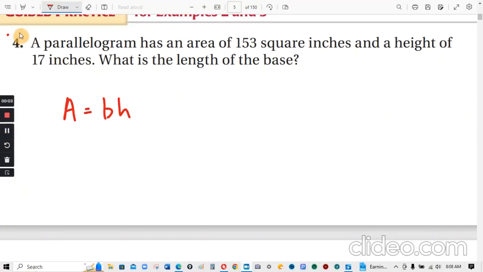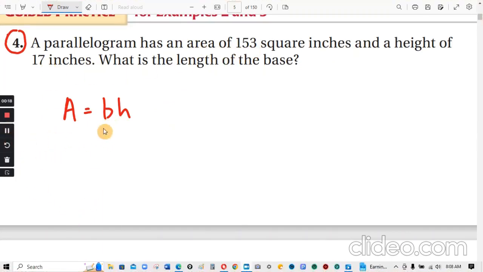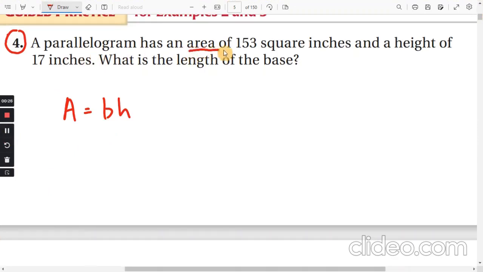Okay, please pause and try guided practice number 4, and I'll give you a hint. The formula for the area of a parallelogram is base times height. You want to plug in for the area and the height and solve for the base B. Okay, so it says the parallelogram area is 153 square inches.